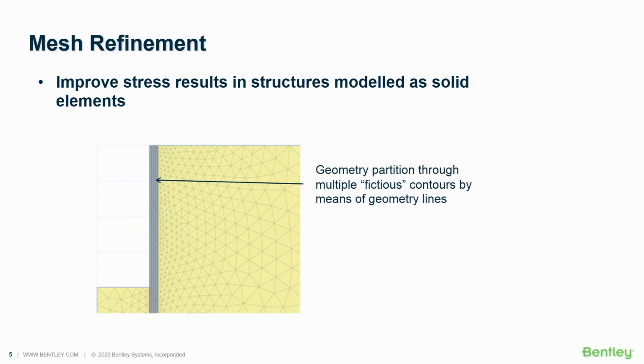In terms of mesh refinement, well, there is not much to say for this type of problem, as Plaxis 2D already does a pretty good job in defining the meshing automatically. The only thing I may sometimes suggest is, when the retaining wall is modeled using solid elements, it might be interesting, in order to control the number of elements through the thickness, to add fixture lines, which do not have any physical meaning, but just force the mesher to mesh along those lines and then automatically increase the number of elements through the thickness.